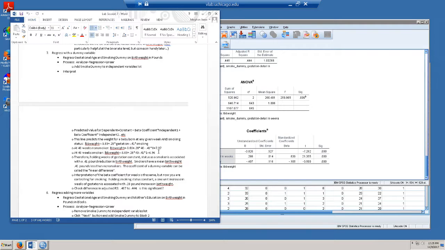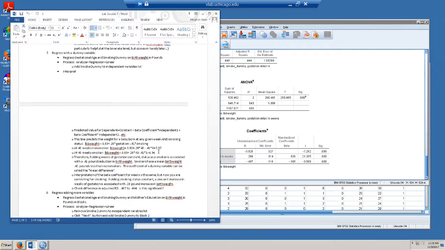Therefore, holding weeks of gestation constant, status as a smoker is associated with a 0.41 pound reduction in birth weight. Smokers have a mean birth weight of 0.41 pounds less than non-smokers. So that's your interpretation for a dummy variable. Everybody got that?